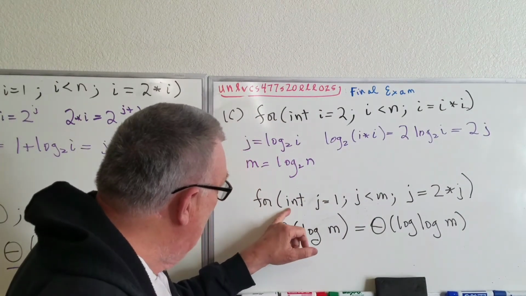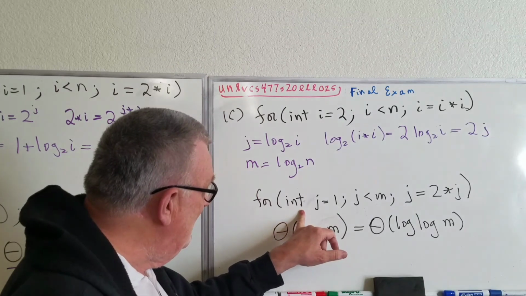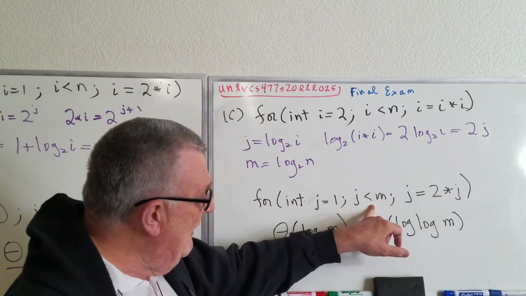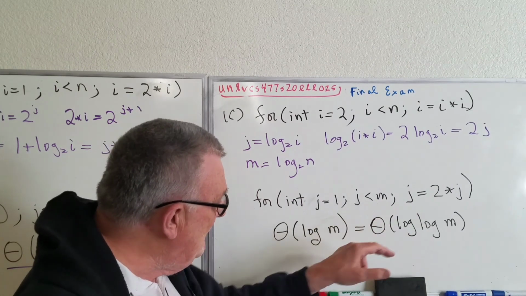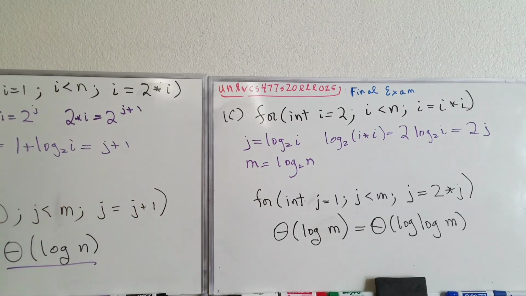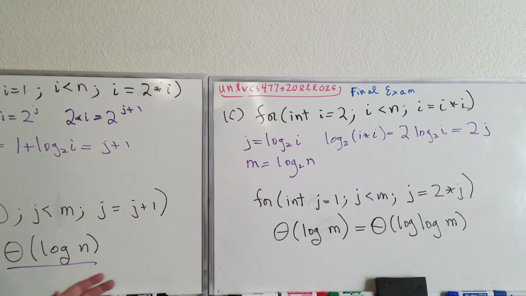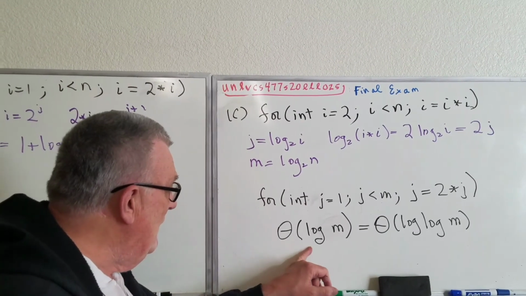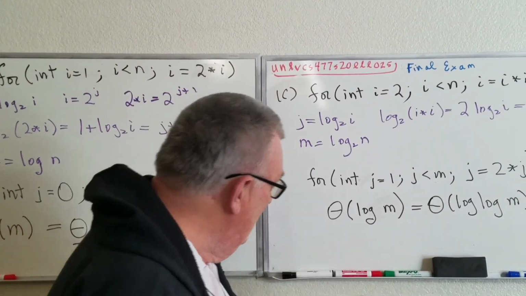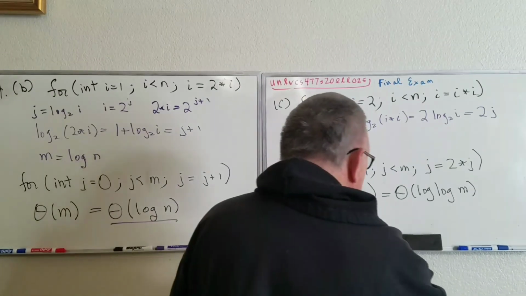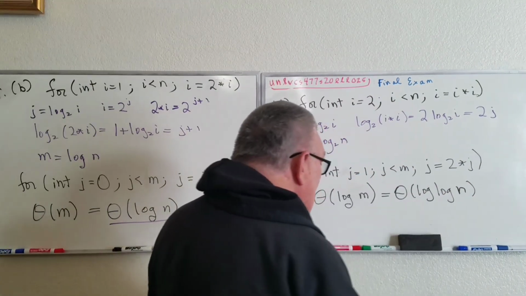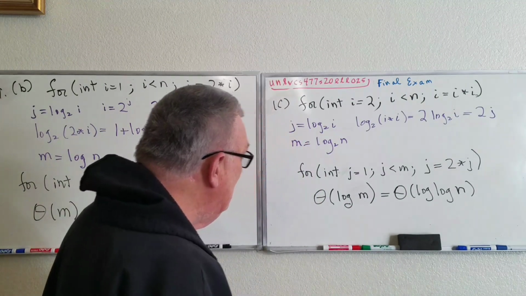So we rewrite the first line as j goes from 1 to m, and doubling j every time. But we then apply the result from problem B, and we get that the answer is theta of log m. But then m is log n. So the answer is, whoops, it's theta of log log n. That's the answer.